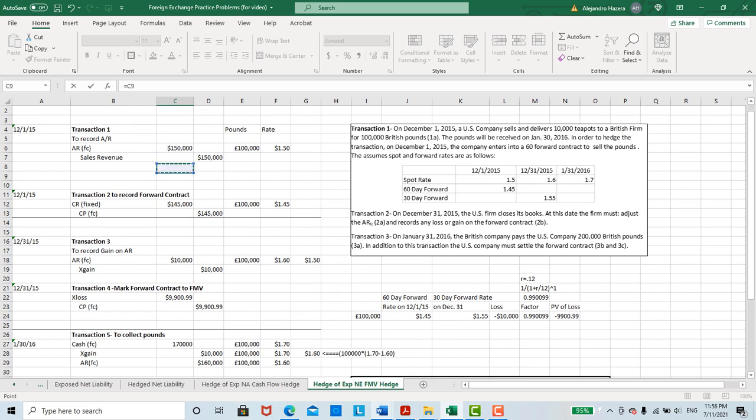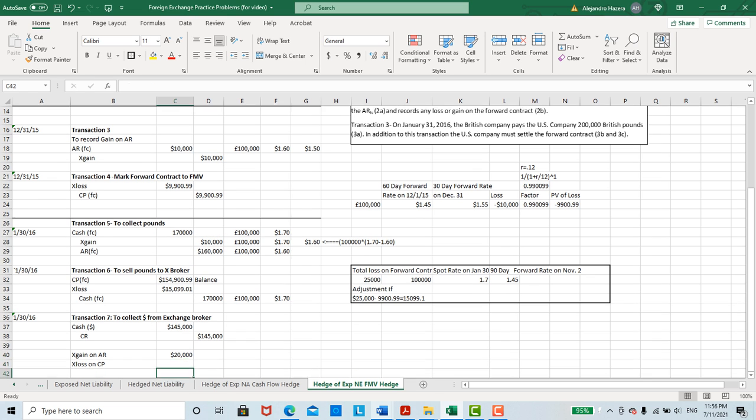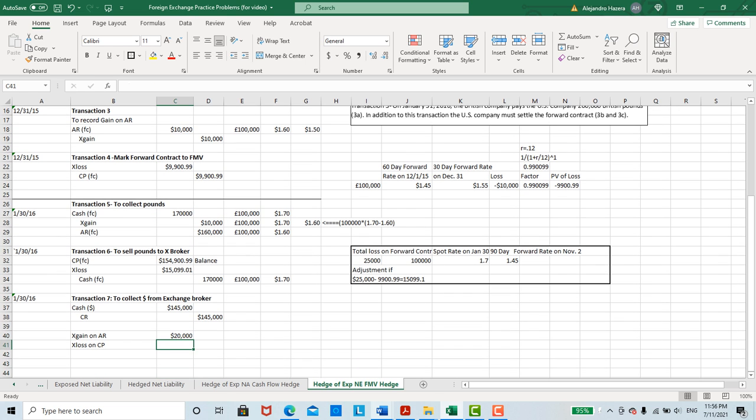Start here, we have one exchange gain there, plus another exchange gain right there. So the total exchange gain on the accounts receivable is 20,000. Now, on the contract payable, the total exchange loss is that 9,900 plus 15,099.